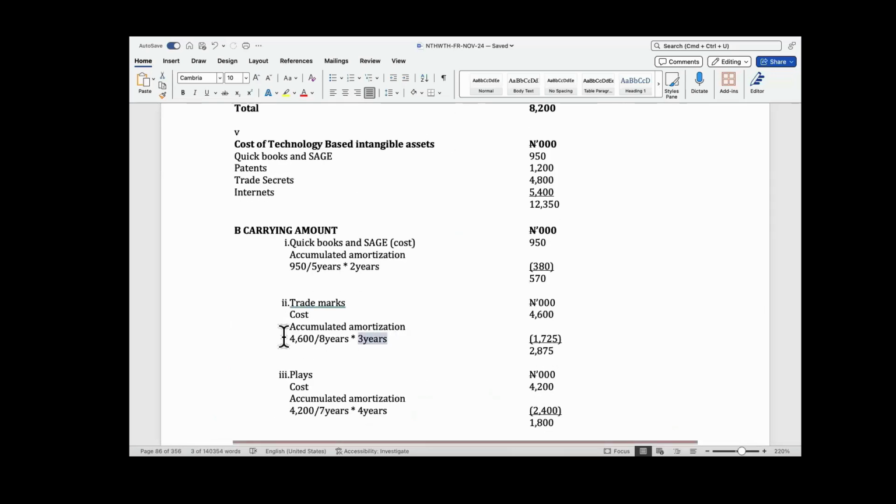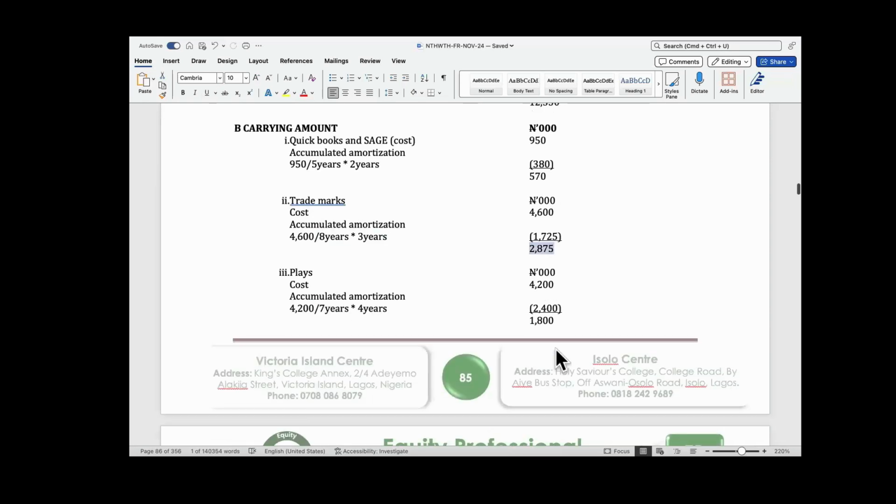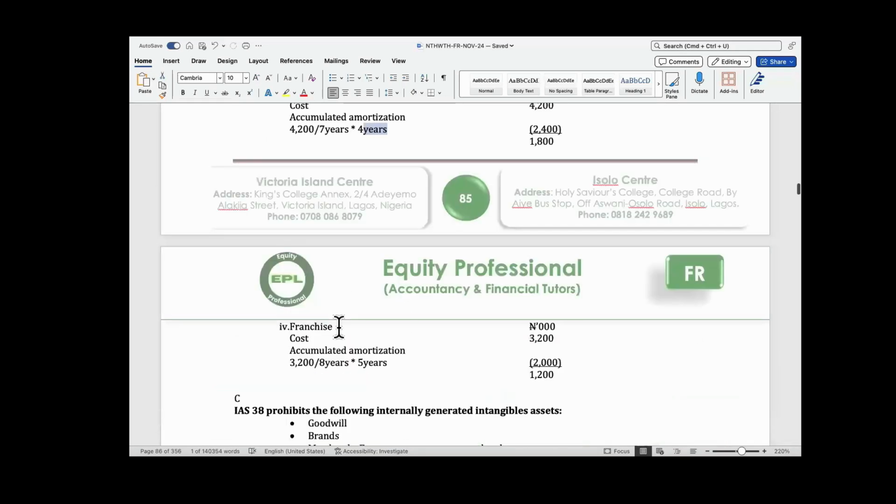So 46 divided by 8 multiplied by 3 gives us the accumulated depreciation, and we get our carrying amount. The same thing for plays: the cost is given, and we bought it 4 years ago. The same for franchise: 8 years is the useful life, and we bought it 5 years ago. So we get our carrying amount.